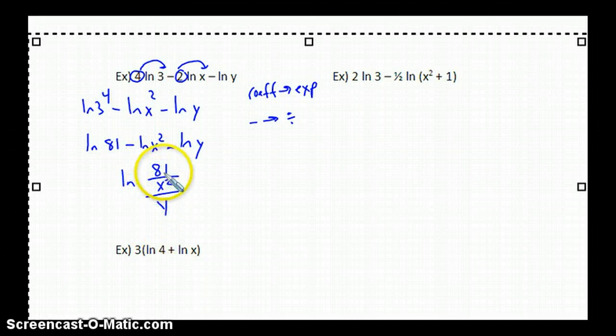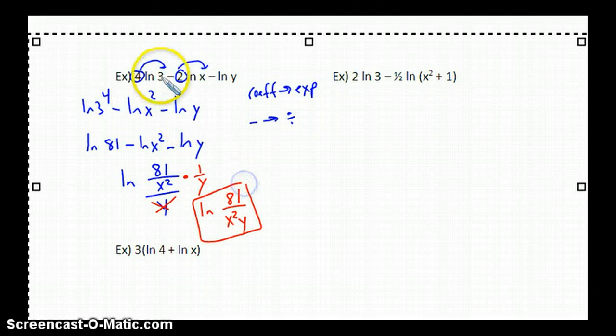Well, you can't actually divide 3 terms like this. So instead of taking this fraction 81 over x squared and dividing it by y, let's change it so that we multiply by the reciprocal. So this y would come over here as 1 times y, and we would end up with a natural log of 81 over x squared y.